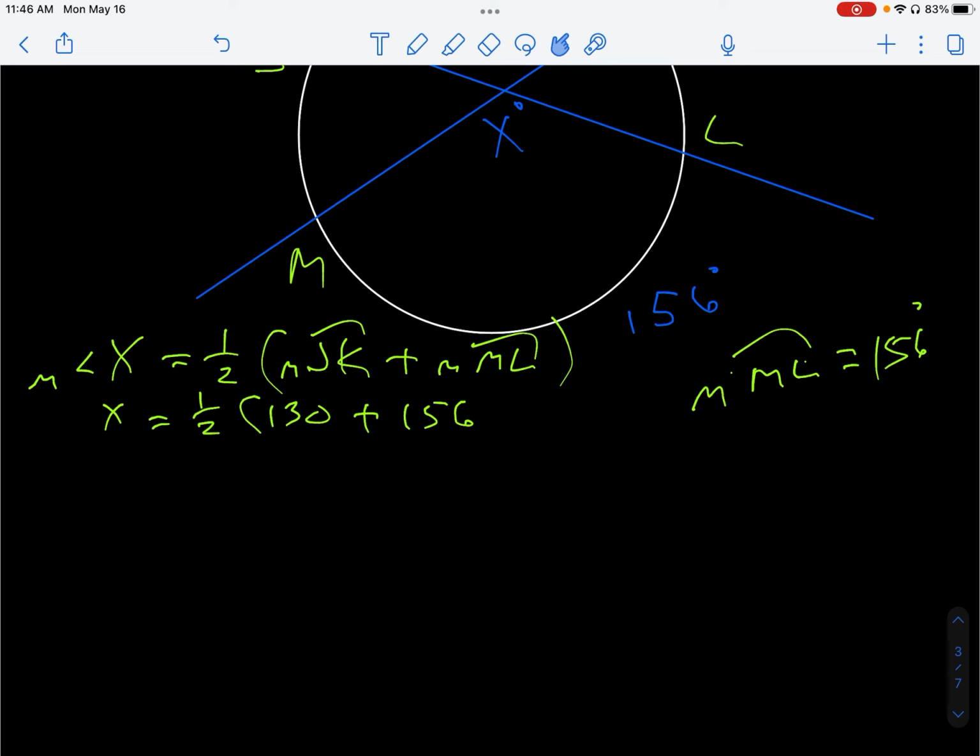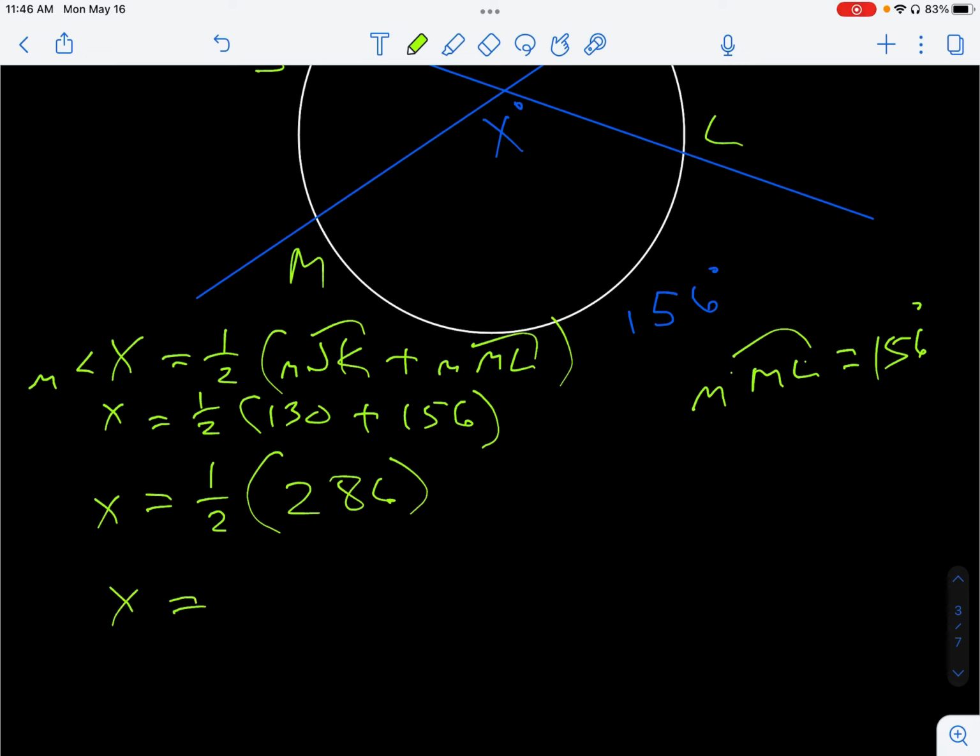Let's get a little more room. X equals 1/2 times 286. So X is going to equal 143 degrees.